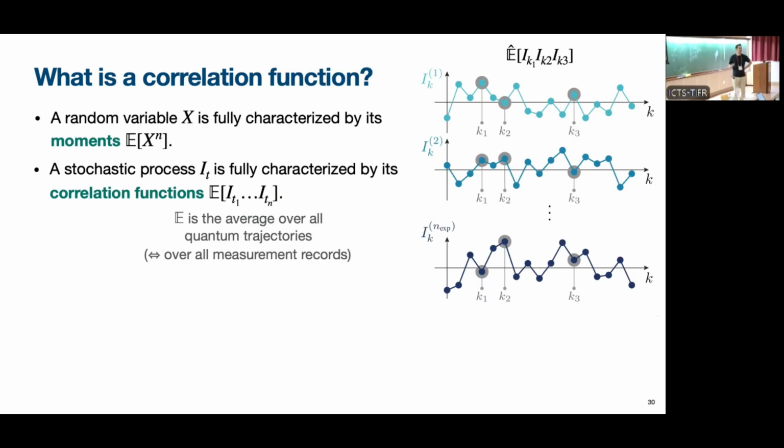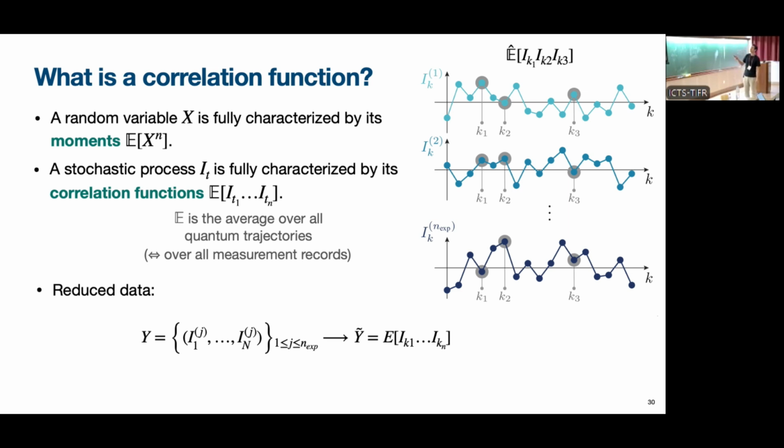Okay, so what is a correlation function first? As you know, a random variable x is fully characterized by its moments. And for a stochastic process, like I(t), it's the same. It's fully characterized by its correlation functions. And here, the big E is the average over all measurement records. So what you're going to do is take your data and reduce them by computing some correlation functions of the discrete time record.